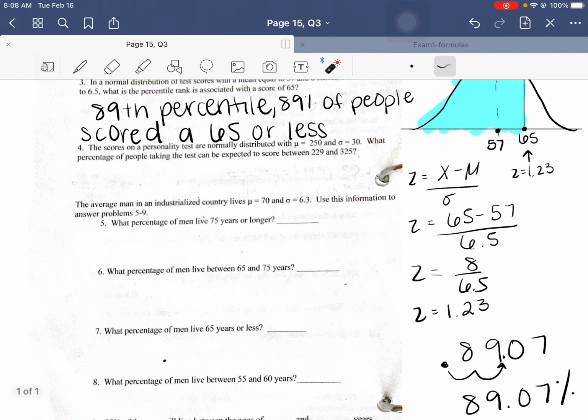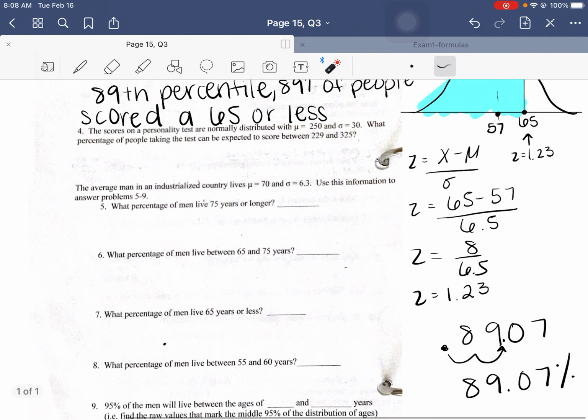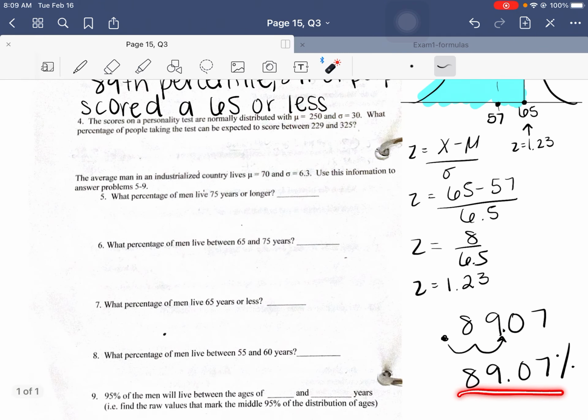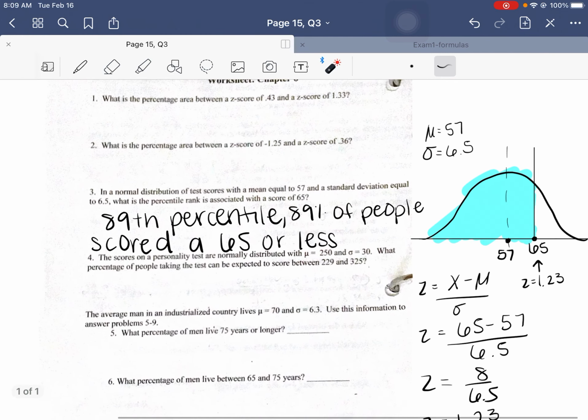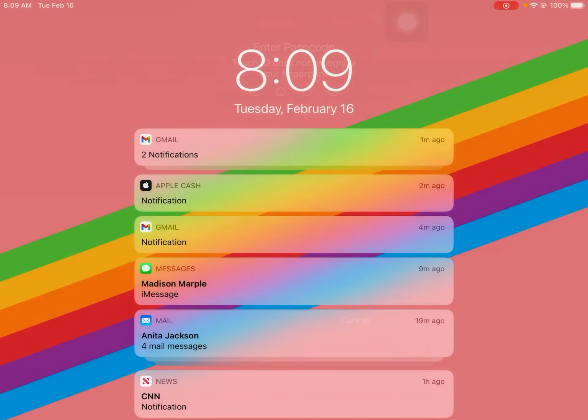So on my z table, I looked for z equals 1.23, and I looked for what would be in the body there, and I saw that it was 0.8907. So then I just moved that decimal point over 2 places to turn that into a percentage, and I got 89.07%. So I said that's the 89th percentile, and I interpreted that as 89% of people scored a 65 or less.